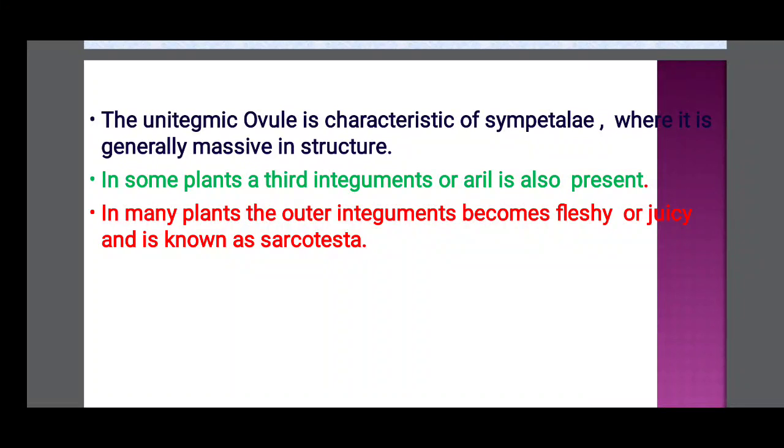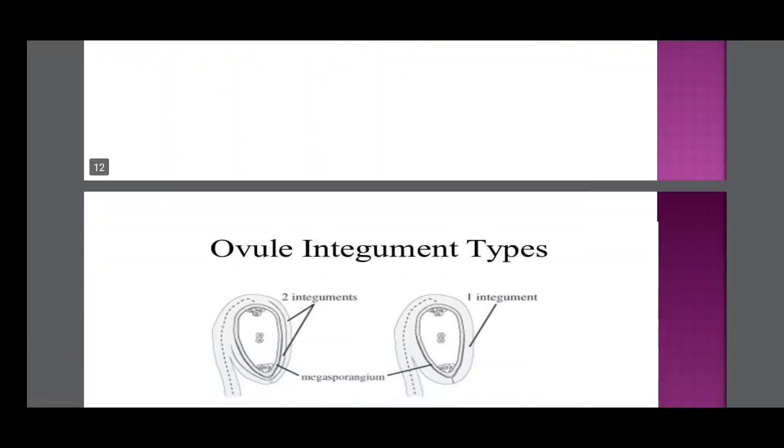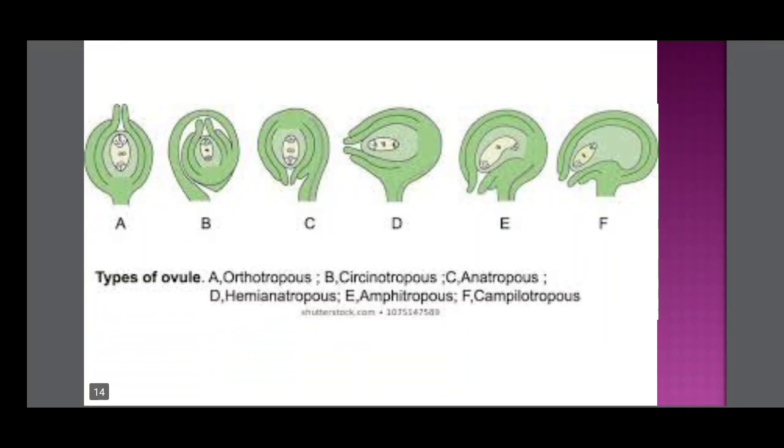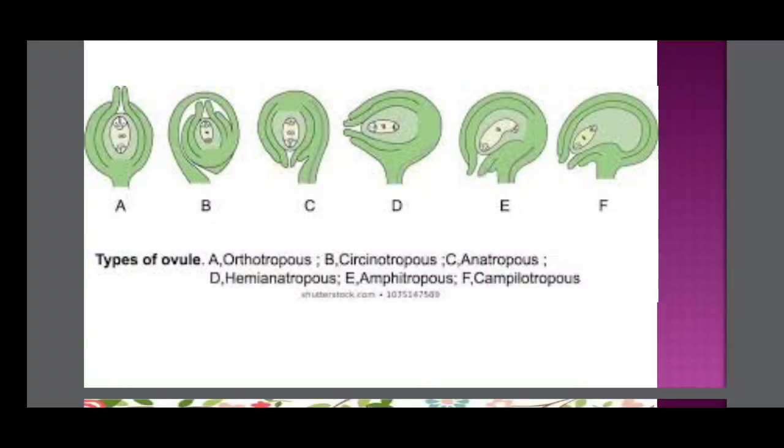In many plants, the outer integument becomes fleshy or juicy and is known as sarcotesta. So we will see integuments. This is the bitegmic, this is the unitegmic. The bitegmic is always in Polypetalae and Monocotyledons. Unitegmic is present in Gamopetalae. So these are the ovule type figures.